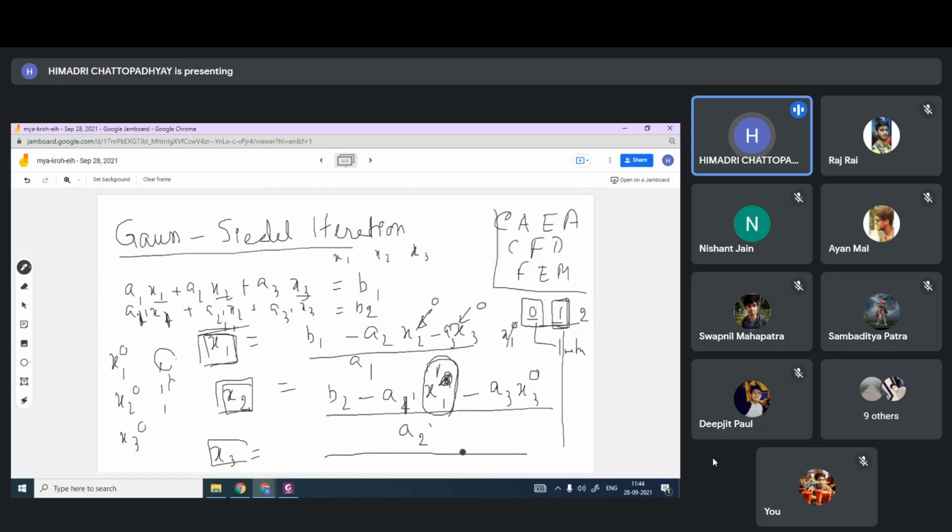Now when you go to the x3 level, you already know x2 new and x1 new. So put the x1 new value here and the x2 new value here. Don't use the initial value for all variables. Just as you obtain a new value, you replace it in the subsequent level. That is known as Gauss-Seidel iteration.